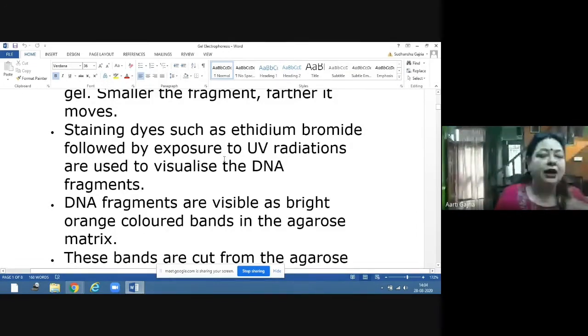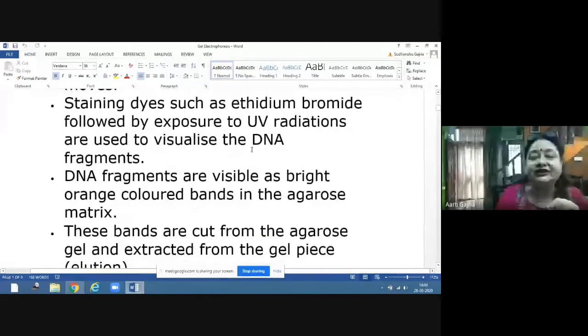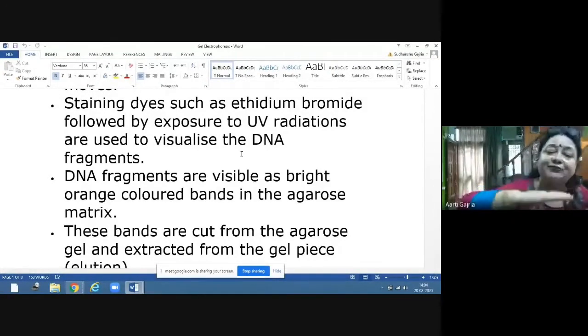DNA fragments are visible as bright orange colored bands in the agarose matrix once you have stained them with ethidium bromide and exposed them to ultraviolet radiation.